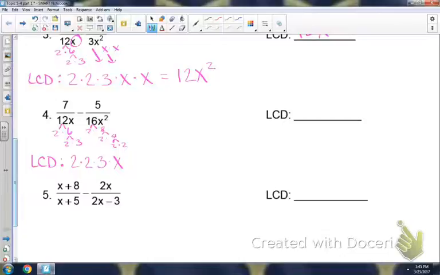I already have a 2, already have another 2, so I need 2 more that I need to bring down. I have an x squared, which means x times x. I already have 1 x, so I need to bring one more down. So multiplying all that together, 2 times 2 would be 4, times 3 would be 12, times 2 would be 24, times 2 would be 48x squared.